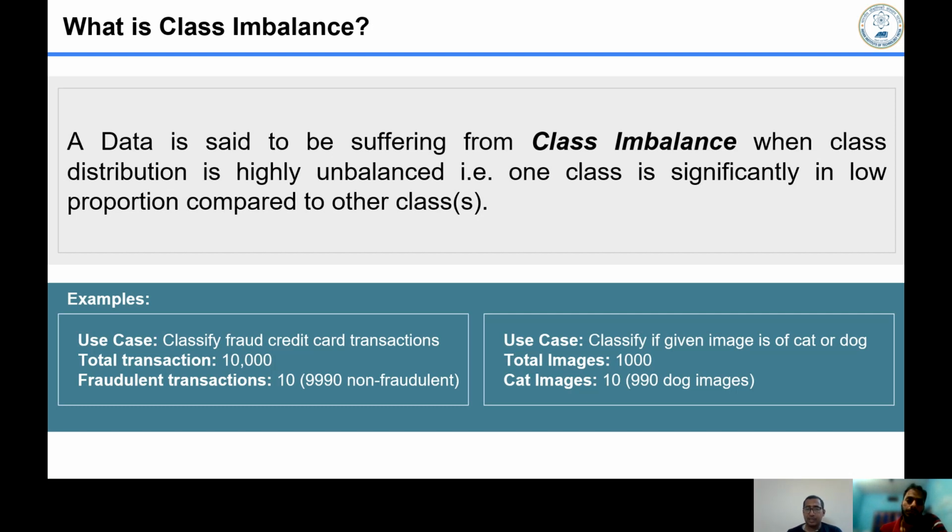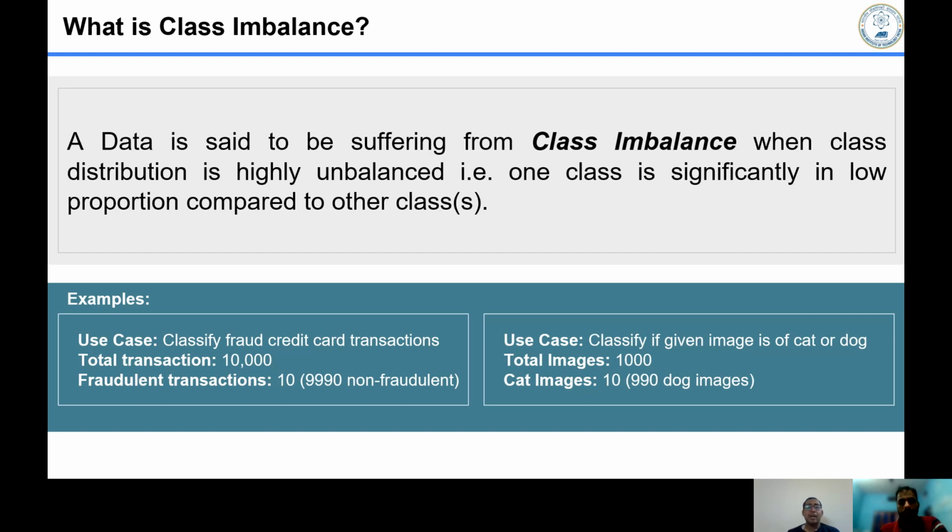The class that has lower number of samples is referred to as minority class, while the other is called majority class. So class imbalance is very prevalent in most of the practical use cases, like credit card transaction fraud detection, anomaly detection, churn prediction. These are a few examples.